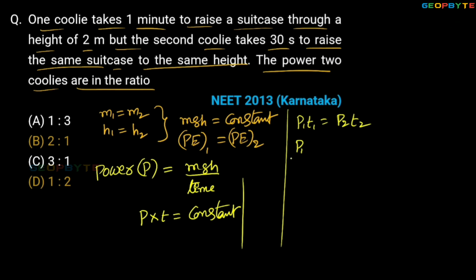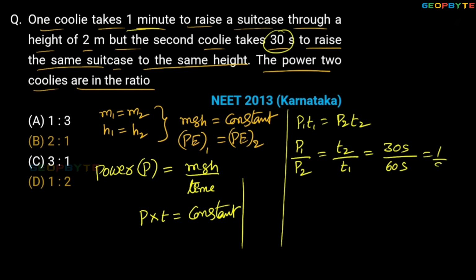Power of coolie 1 divided by power of coolie 2 equal to time taken by the second coolie divided by time taken by the first coolie. The second coolie takes 30 seconds, and the first coolie takes 1 minute, equal to 60 seconds.